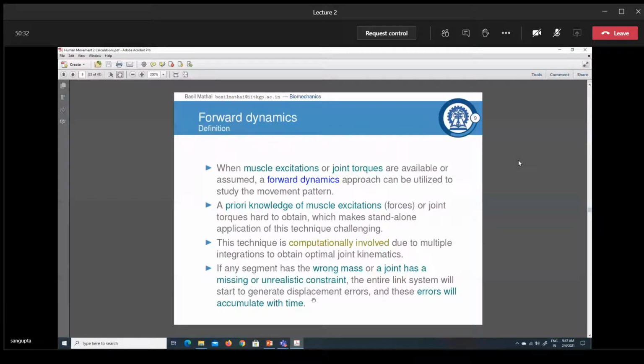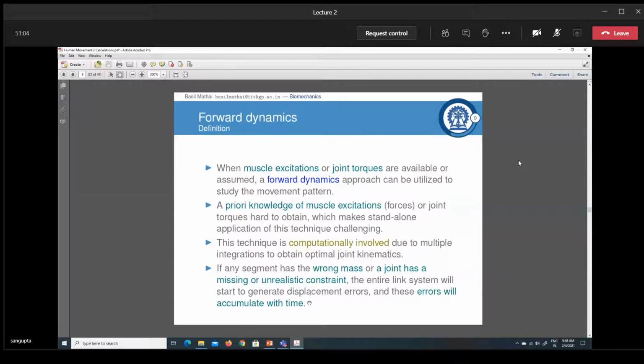Basically you try to be a bit careful about the masses and the inertial parameters that you use in your calculation, because that would actually give you an erroneous result if you do not use correct masses and the inertial parameters. Or there are unrealistic constraints. So the entire link system will start to generate displacement errors, and these errors will accumulate with time.